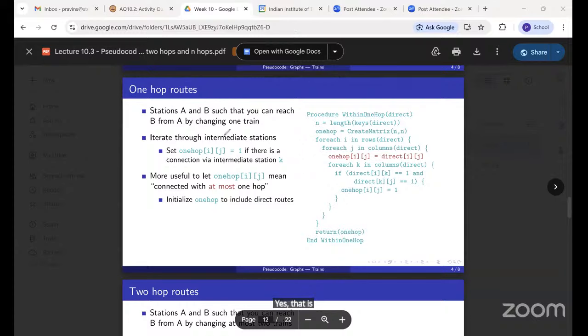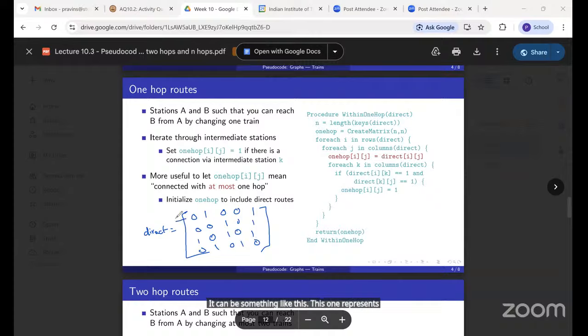Okay. So now we'll be working with the direct matrices which we computed. The direct matrices will look like zeros and ones. So it could be 0, 1, 0, 1, 0, 1, 0, 1, 1, 0, 1, 0, 1, 0, 1, 0, 1, 0. It could be something like this. This represents the direct matrices, and each row will be a station name.